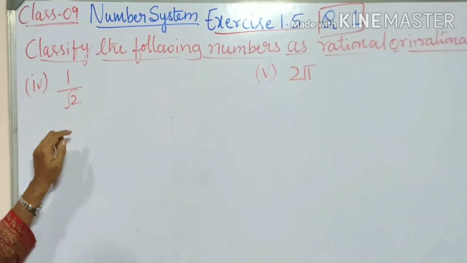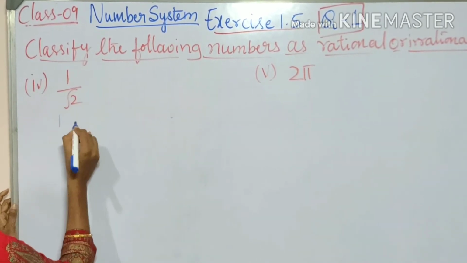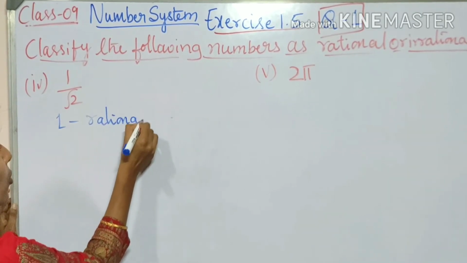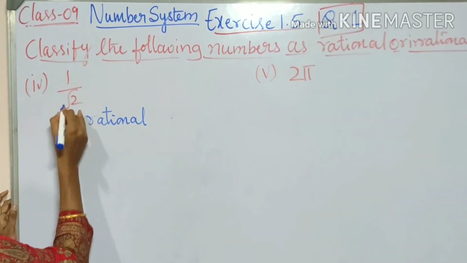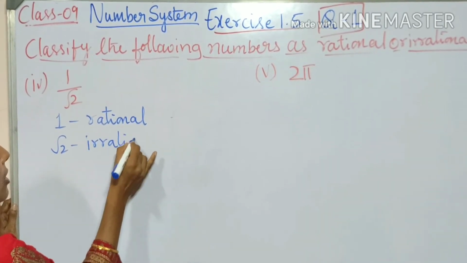Question 4: 1 by root 2. Here 1 is rational and root 2 is irrational.